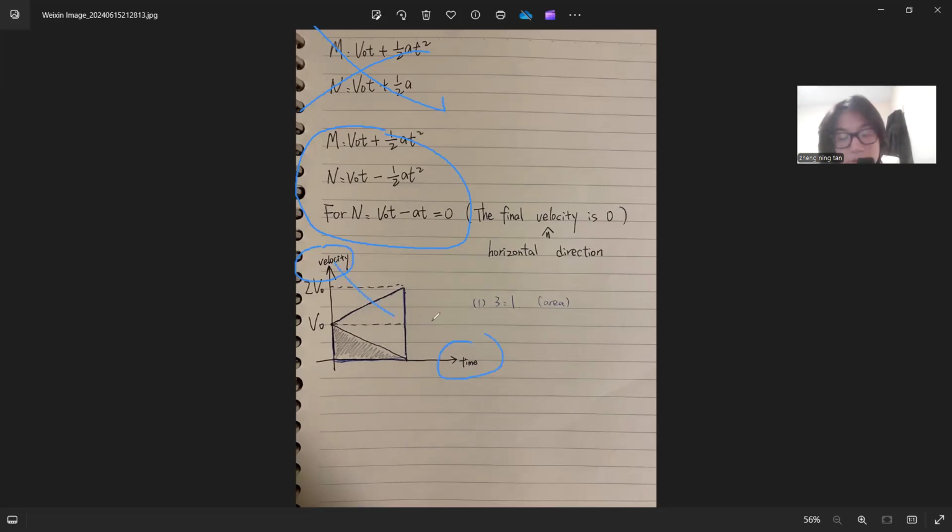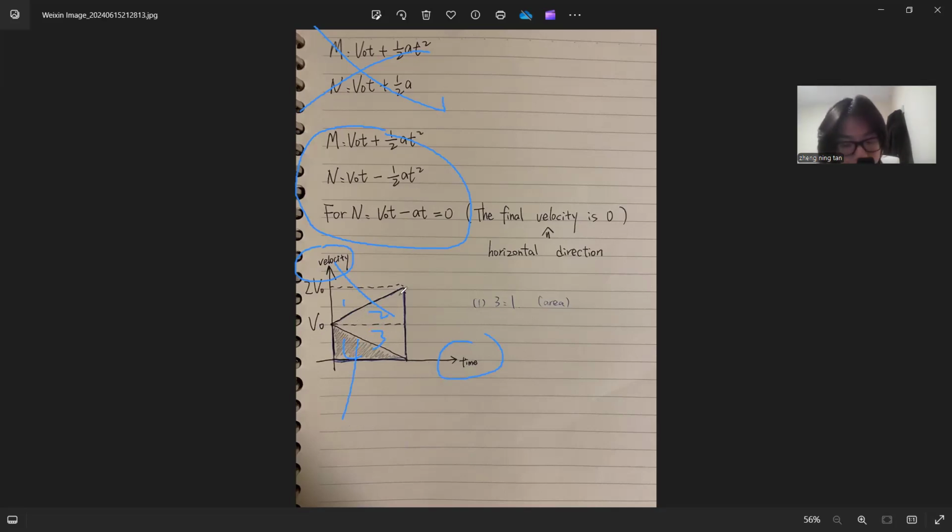The area of these images, which is time multiplied by velocity, is the displacement. So we can see four identical triangles, and we can prove that they are the same.